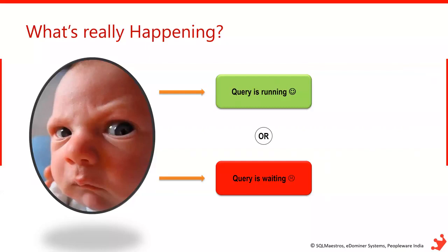Let's take the simplistic approach, because the session is about simplifying, whether your query is running or it is waiting. When I say that I'm taking a simplified approach, it might not be really as simple as that. If it's running, we'll just keep waiting, or if the query is waiting, then we go and find out what it's waiting for and try to fix it. Sometimes things are not as simple as that, but let's take the simplistic approach.